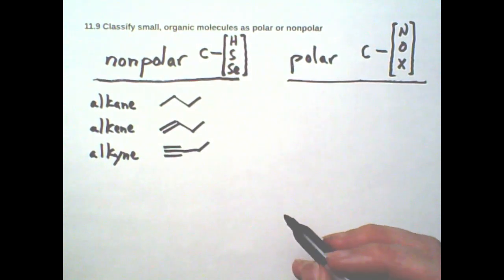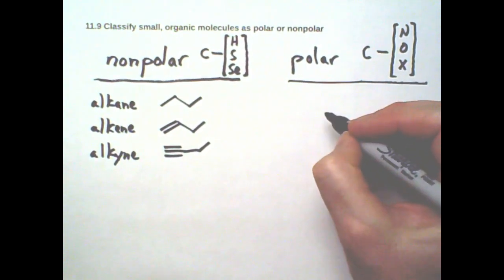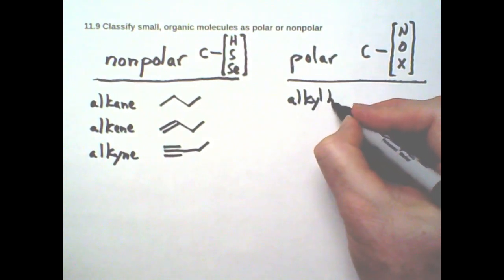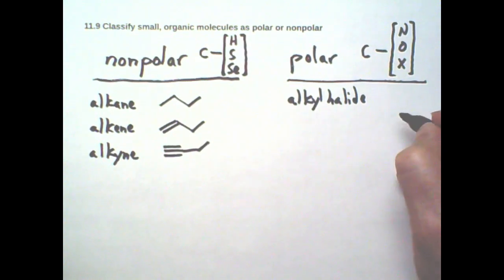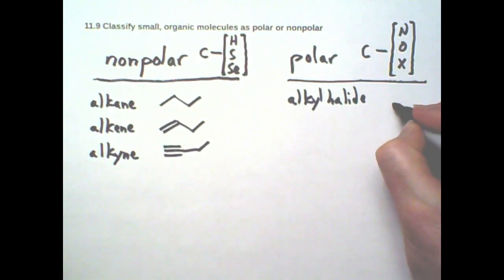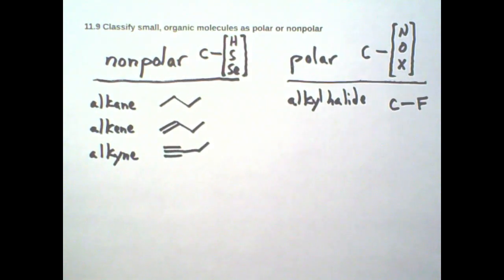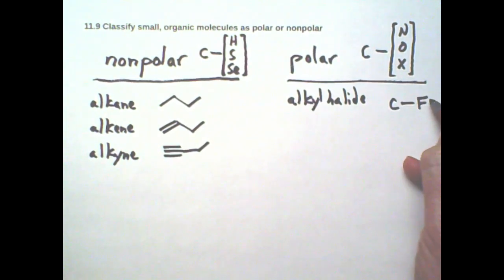How about alkyl halides? Well, they have C bonded to a halide. So usually they're going to be polar. There are some exceptions. Teflon is long carbon chains completely surrounded by fluorine.